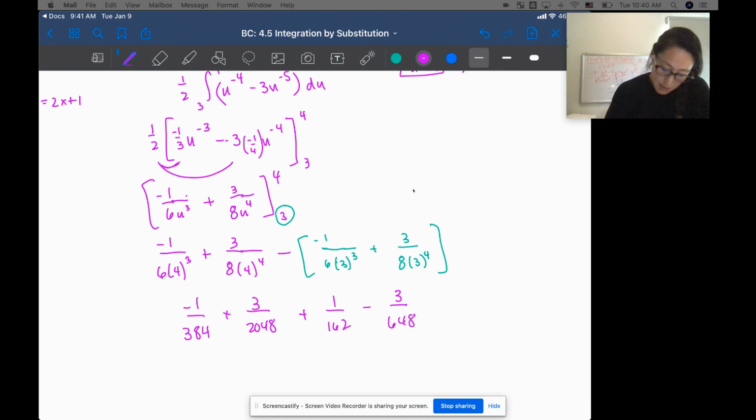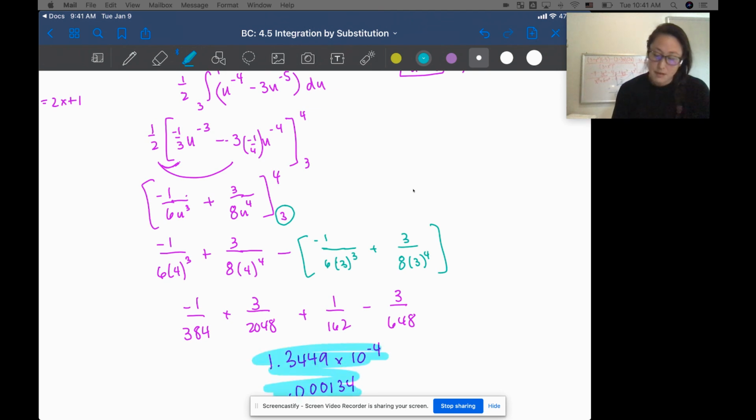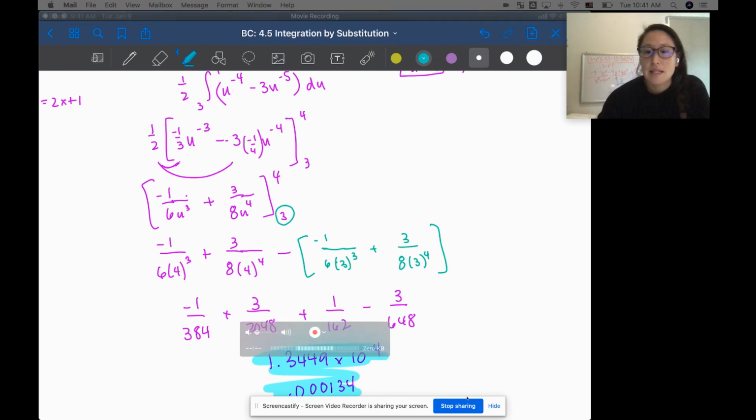All said and done, my calculator told me this is 1.3449 times 10 to the negative 4, so move the decimal, 0.000134. That's not a lot of area under the curve, is it? A little bit of area. Okay, that is that.